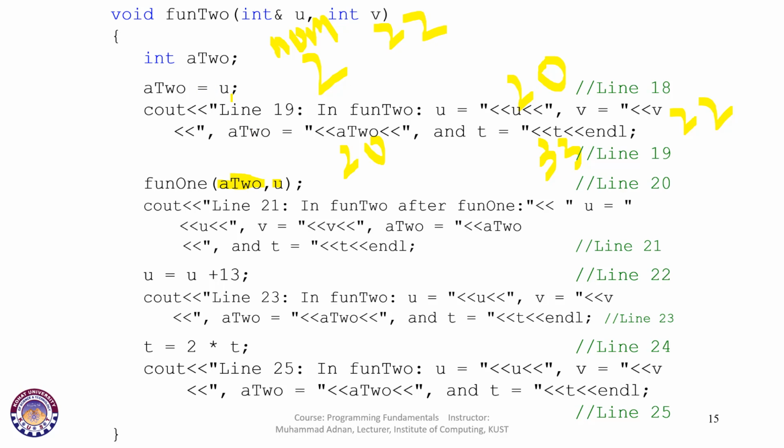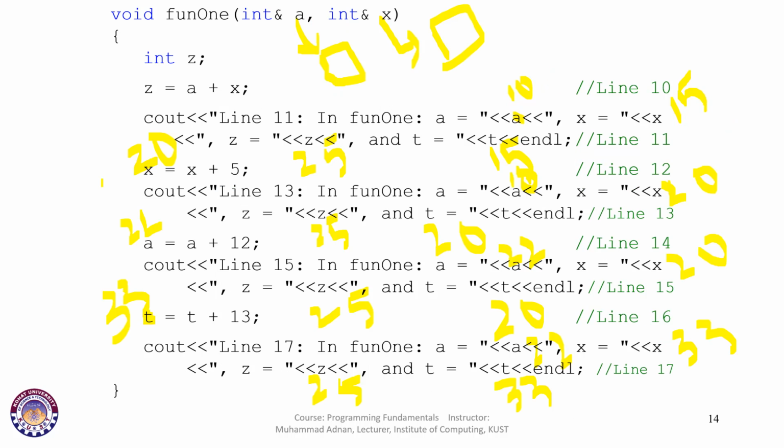So what is the address of u? The address stored in u is same as the address stored in a2. So a2 is pointing to 20. So okay, we move back to this function 1, and then this whole process is repeated.